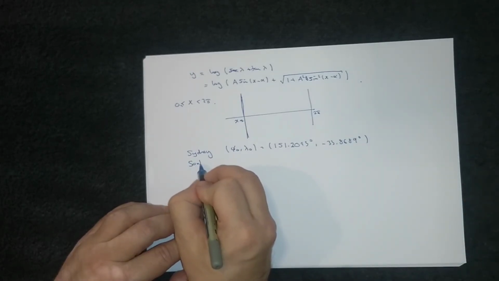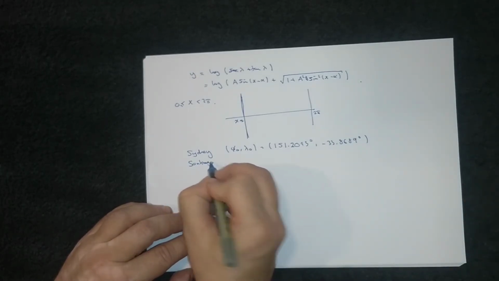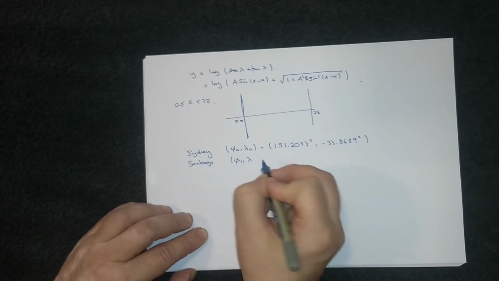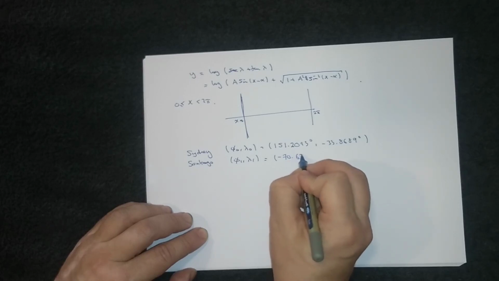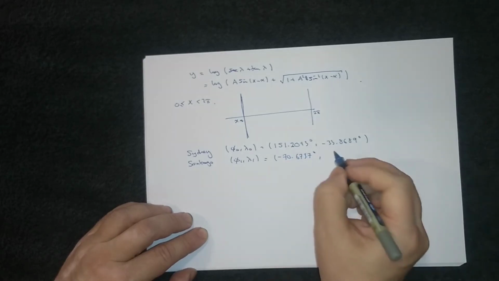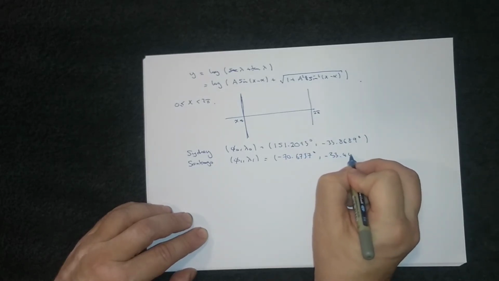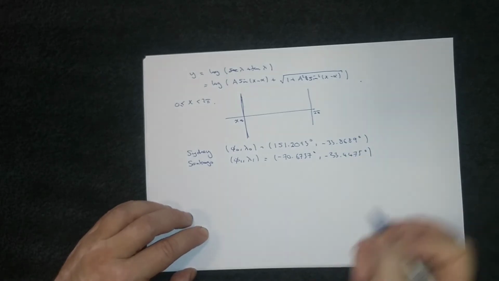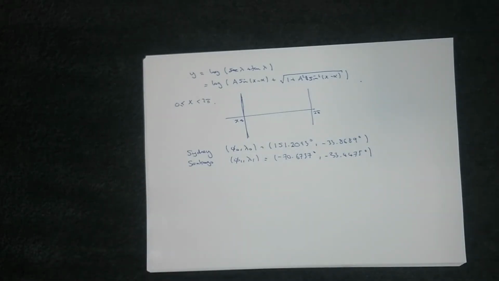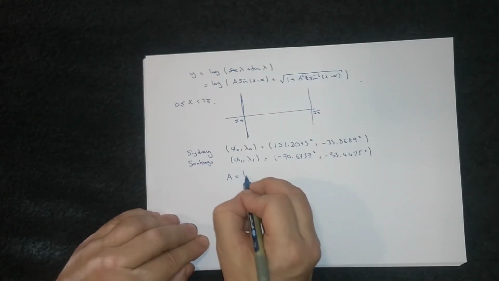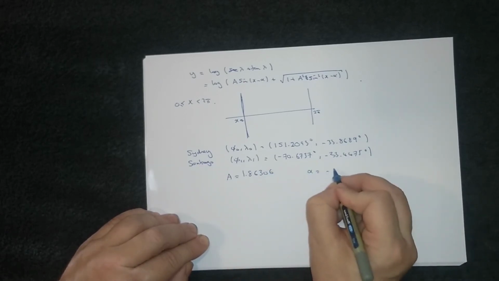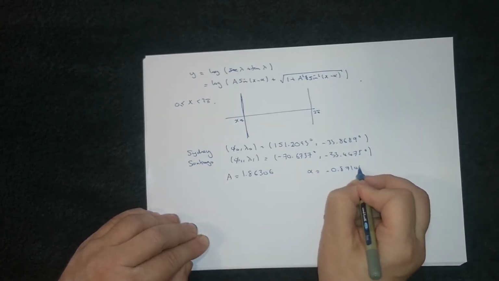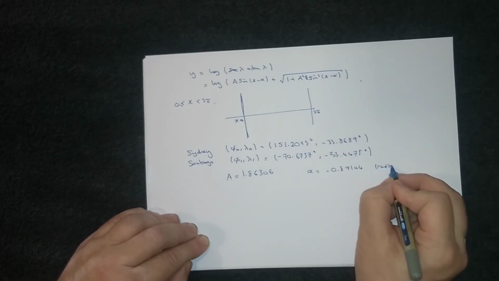For Santiago in Chile, minus 70.6737 degrees and minus 33.4475 degrees. So these are almost on exactly the same line of latitude. We get a as 1.86306 and alpha is minus 0.87104, and that's measured in radians.